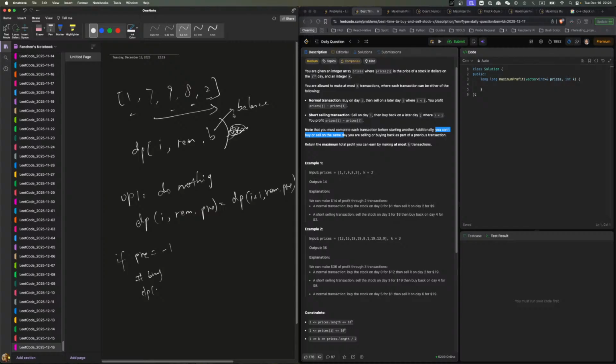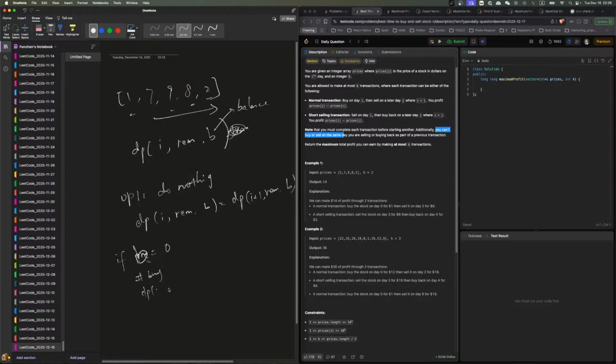That can be the balance on the account. So if balance is 0, that means I can do buy or I can do sell. If balance is 0, then I can buy.